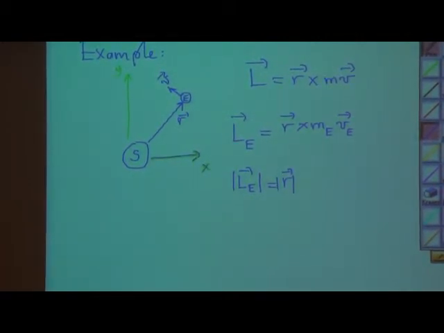Forget about the direction. Direction is always changing as Earth moves around the Sun, times the mass of Earth, velocity of the Earth, times the angle between the position vector and the momentum vector.